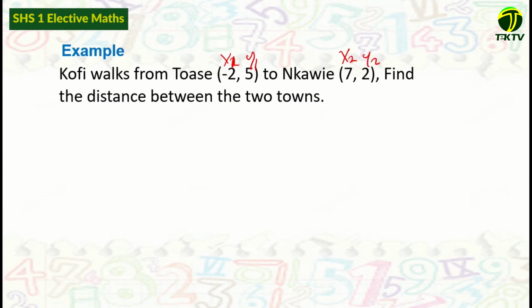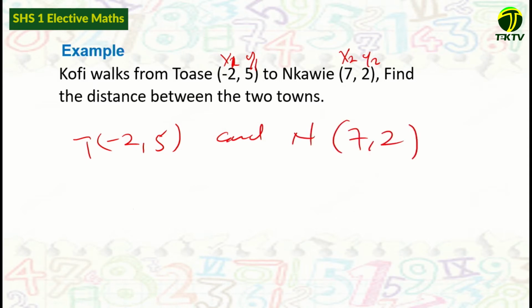We go for the formula that will help us find the distance. Now we have two towns, we can take their initials as the points. So I will take T for Tuanse and N for Nkawie, and so I'll write T as (-2, 5) and N as (7, 2). Meaning, I'm going to look for the distance between T and N.